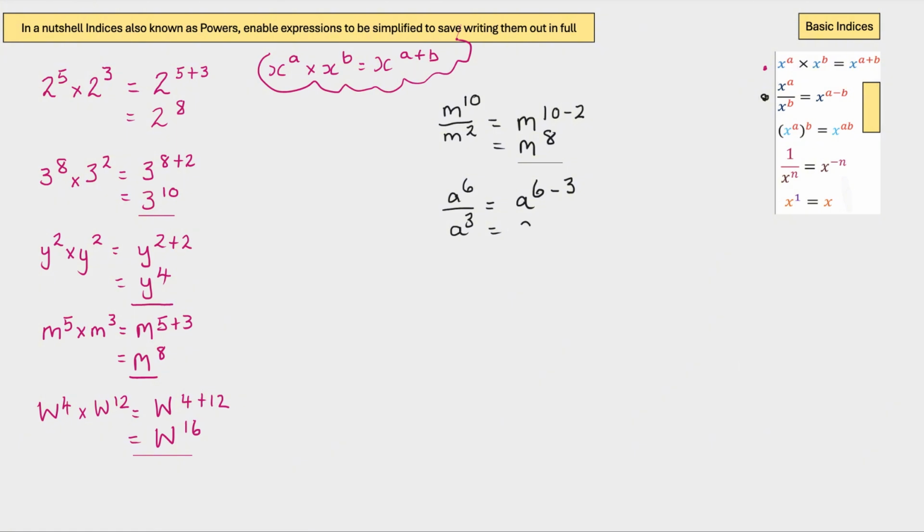So our answer is a to the power of 3. y to the power of 15 divided by y to the power of 5 equals y, 15 subtract 5. So our answer is y to the power of 10.